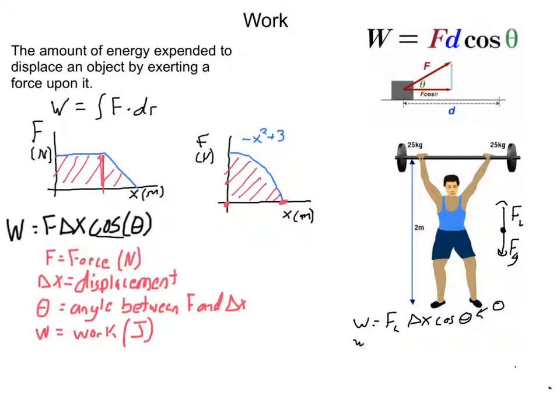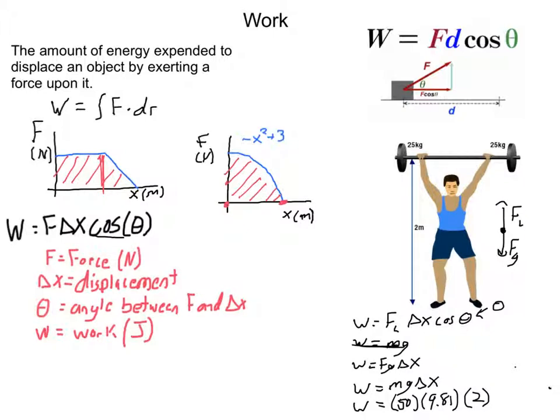So what I can say is the work this guy does is mg, that's the force of gravity, right? Work equals Fg delta x, cosine of 0, which is 1. Well, that's work equals mg delta x, and so then we can just multiply that through. Work equals 50 was my mass, 9.81, the acceleration of gravity, and he lifted it up 2 meters.